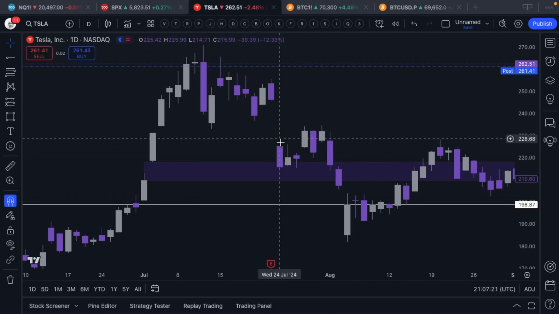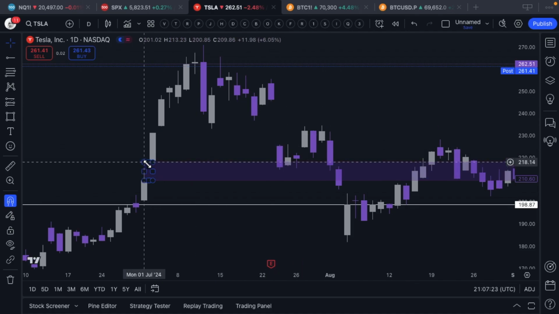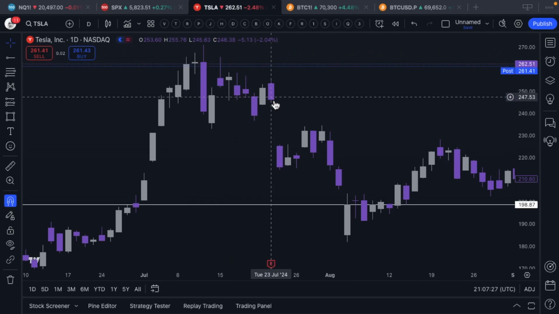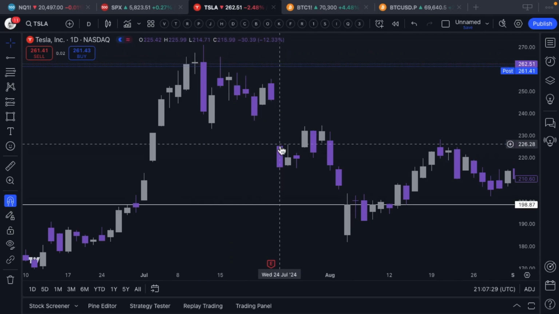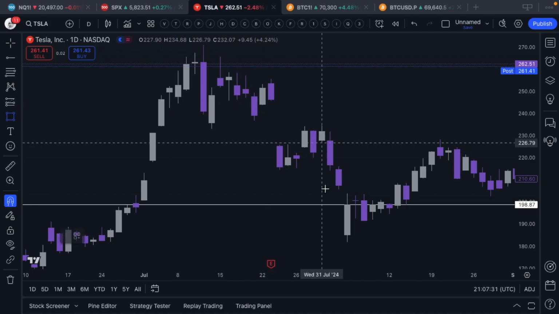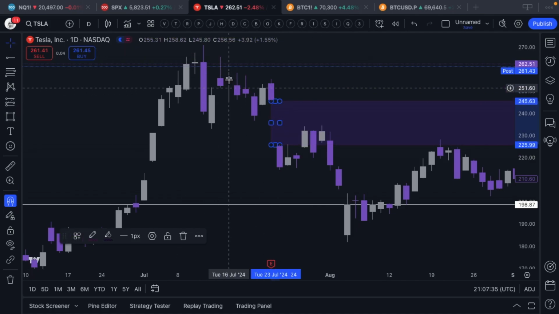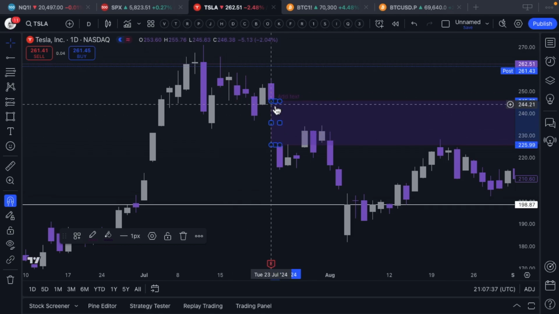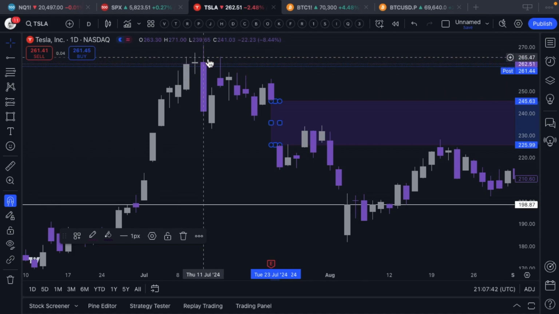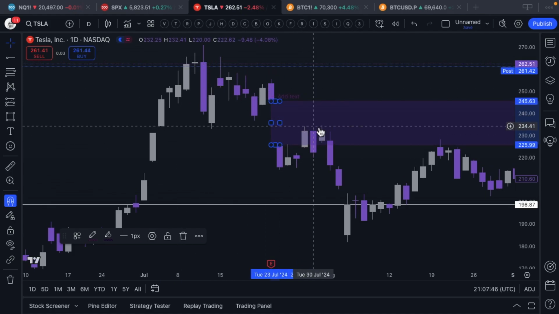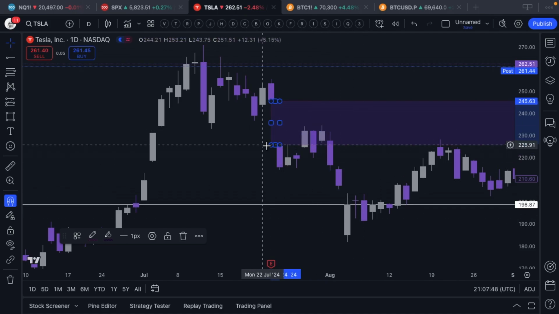So again, here we have a nice exhaustion gap, all right? Tesla comes up into the highs, puts in a little range here, and this is an exhaustion gap. And you could actually classify this as both because you've got a range here that we've broken out of, so it's a breakaway gap, and it's also the high of a move where the bulls are just exhausted and price gaps to the downside and then comes back into it and continues to trade away.